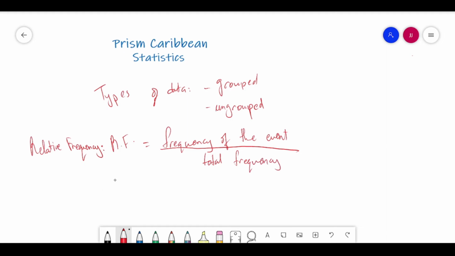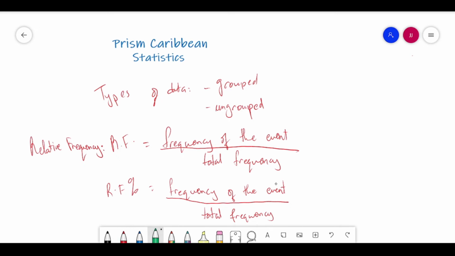Now, with relative frequency percent, it's the same formula. Let me just rewrite that here, multiplied by 100%.